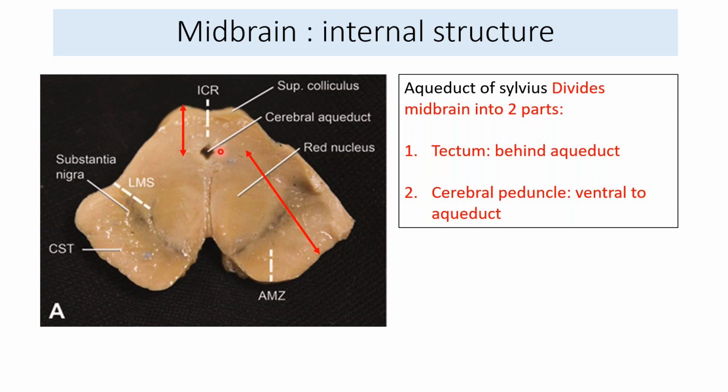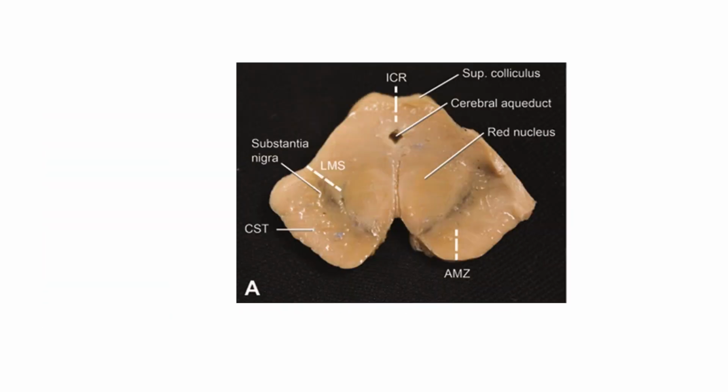So two areas we can visualize internally, from the reference of the cerebral aqueduct or aqueduct of Sylvius: the area behind, which is the tectum, and the area in front, which is the cerebral peduncle, and the two cerebral peduncles are diverging from each other.